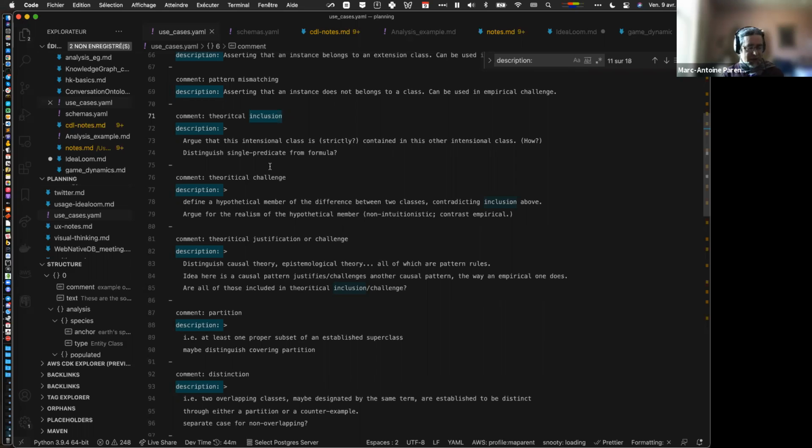Well, often it's about, can we derive belonging to that predicate class from belonging to that other predicate class, which is the theoretical inclusion, or it's about establishing a distinction and saying actually those two are using the same term, or maybe not even the same term, but there's overlap, but actually there are distinct cases that fall outside the overlap.